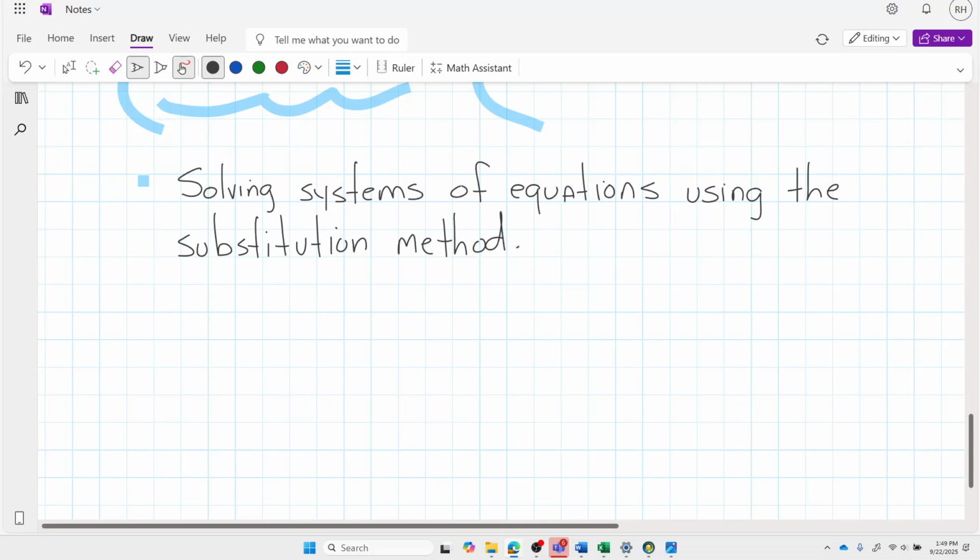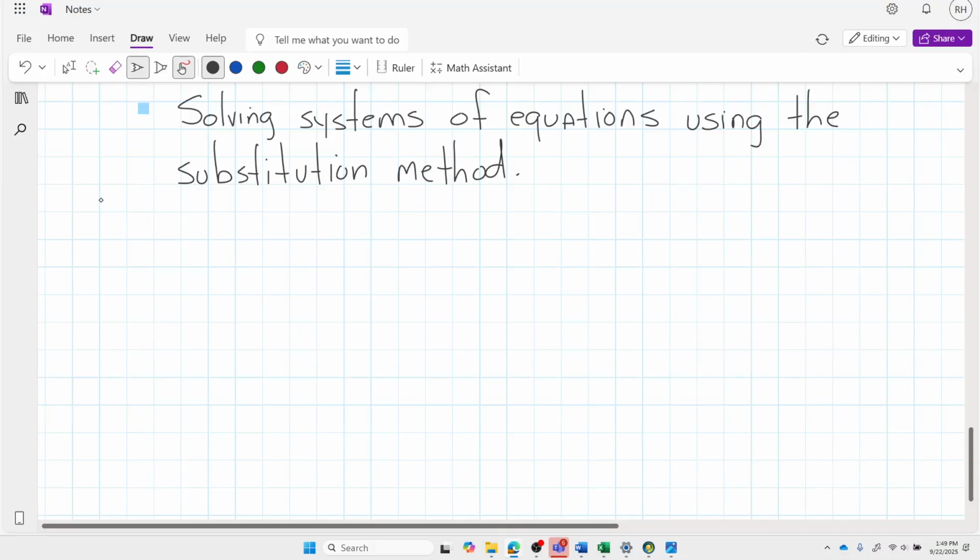Solving systems of equations using the substitution method. So you're going to be asked, let me check the wording, to solve each system.